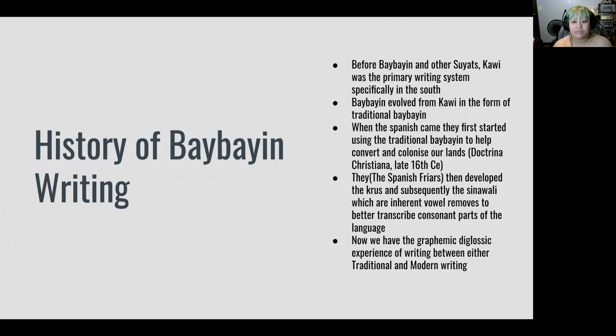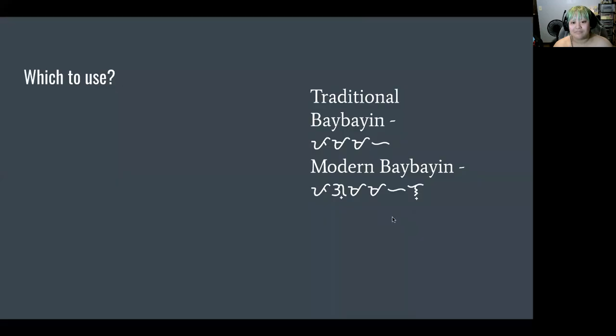Graphemic being writing, diglossic meaning using two sets of writing systems. We either have the traditional writing and the modern writing. Exactly. RIP. Which to use. So here we have traditional Baybayin and modern Baybayin.